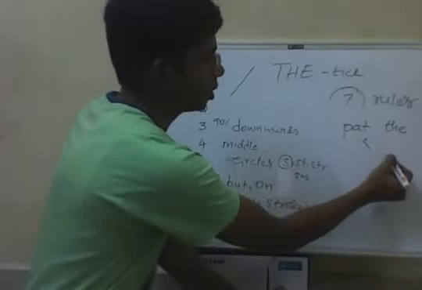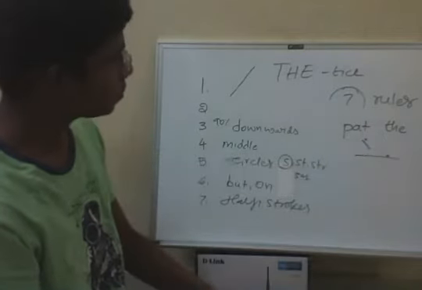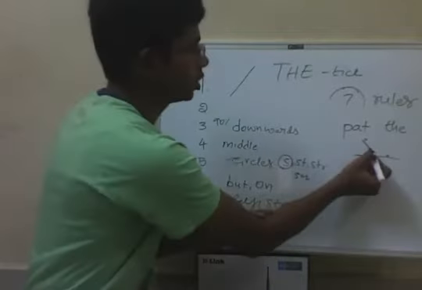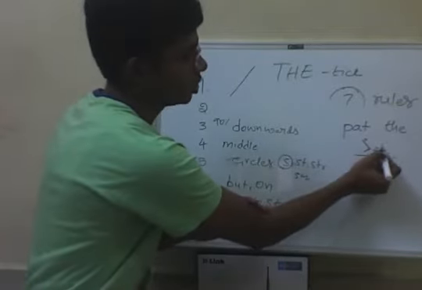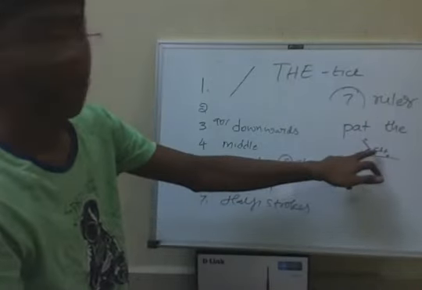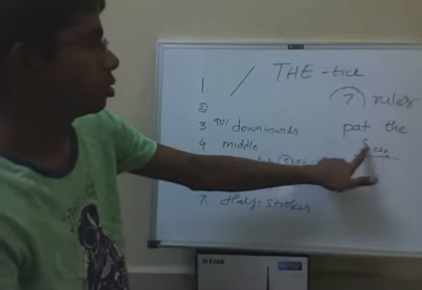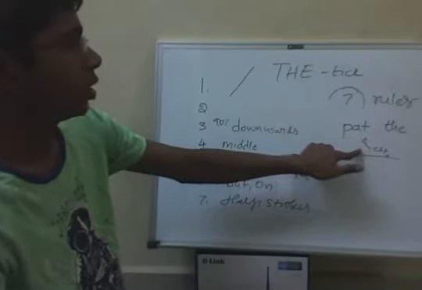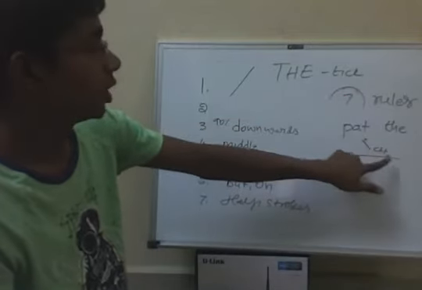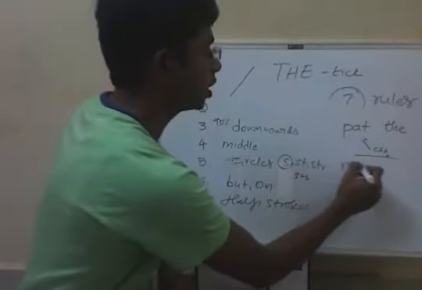Instead, you have to write pat D. Because it will be treated as CHT. Patched. It may be wrongly interpreted as patched. So that's why, if any half letter is there alone, only one letter, at that time we will write THE separately. Let's take repeat D.